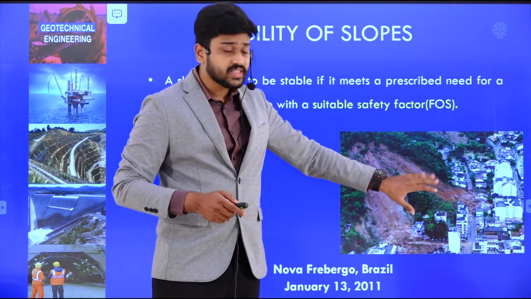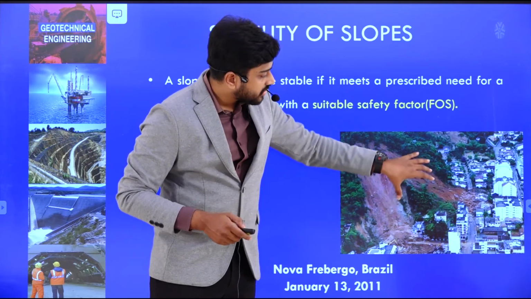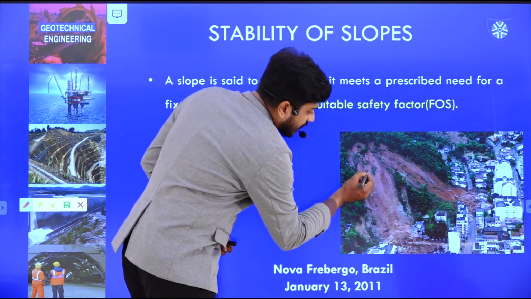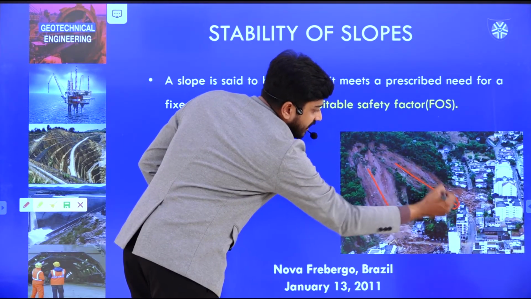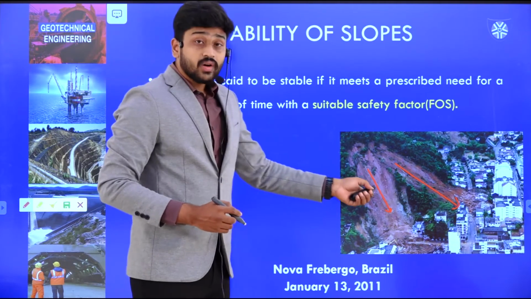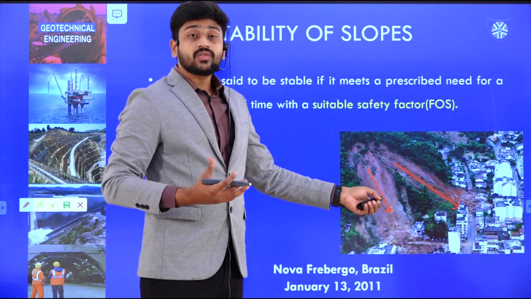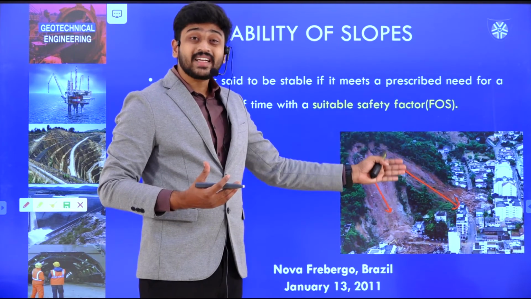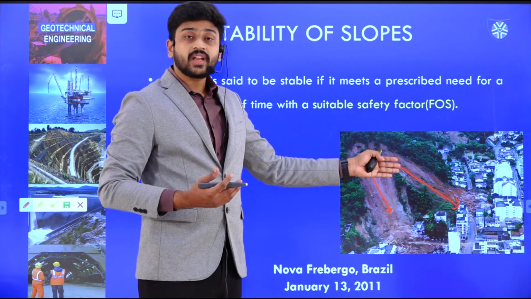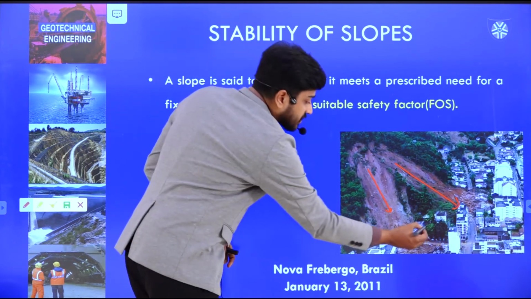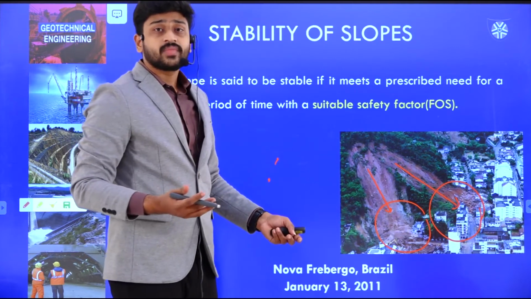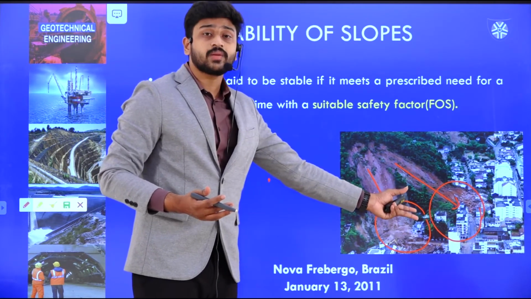That means the slope actually failed here; it slid along this particular region. So, as a civil engineer, what we need to do is, suppose there is a retaining structure constructed there, so that the slope failure might have been resisted and the surrounding localities might not have been affected. Here the destruction has taken place.